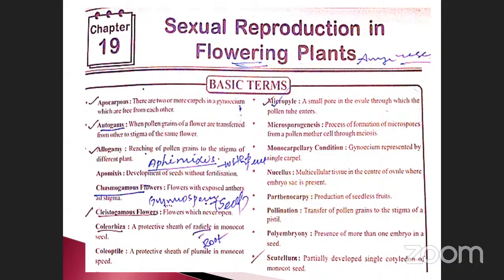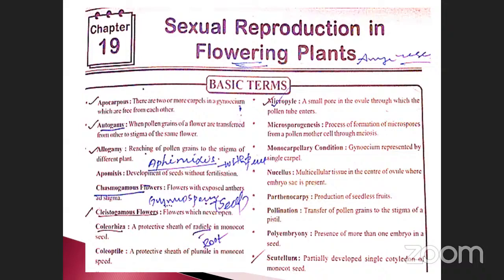Once again, apocarpous: there are two or more carpels in a gynoecium which are free from each other. That is called apocarpous. Apocarpous means free carpels.